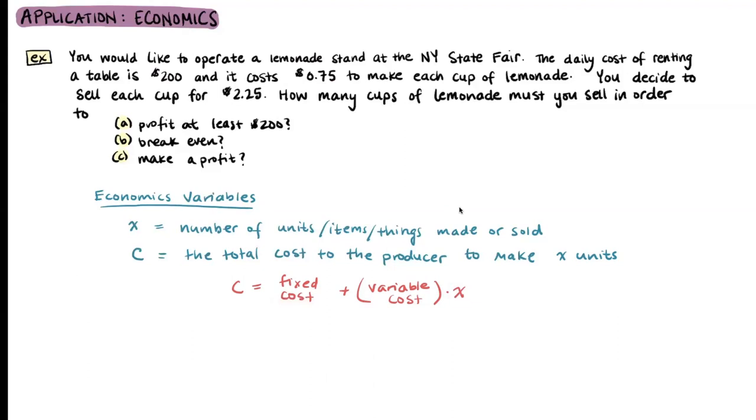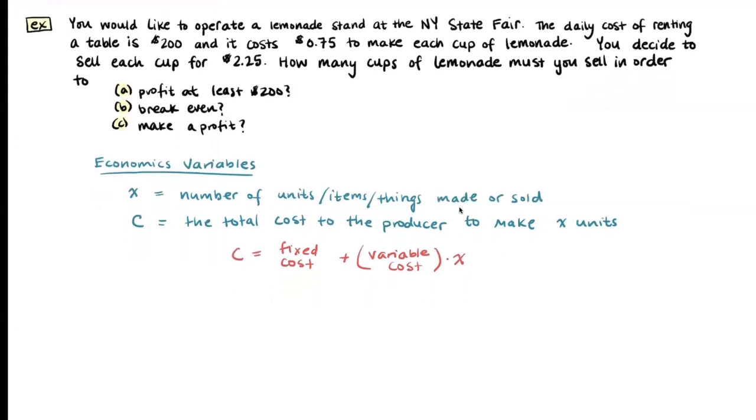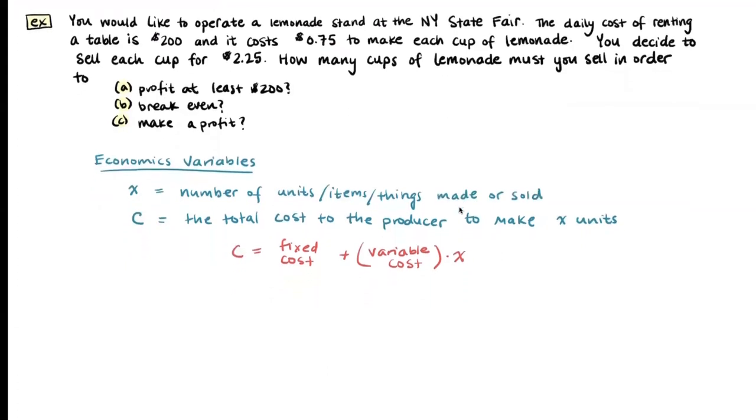All right, we've got 3 more here. So we have $2.25, which is another monetary value in the question. That could be changing depending on the situation, right? So we're going to need a symbol to refer to that. So we're going to call this price, and that's going to be lowercase p.